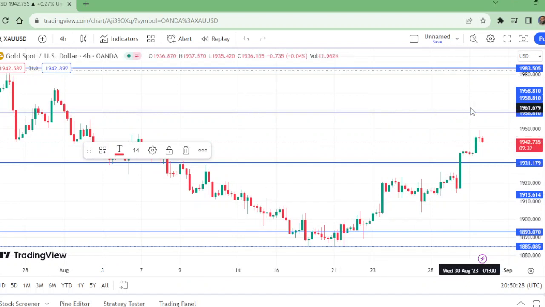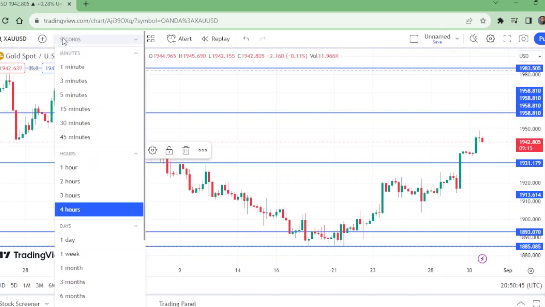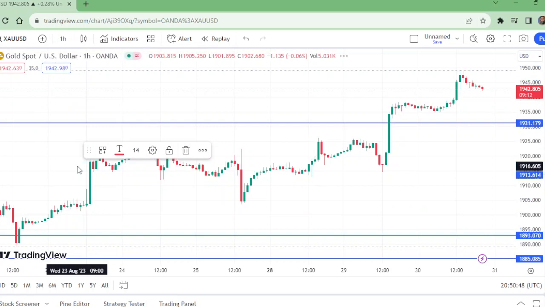Now this is the level that I am expecting to sell from. We have got support here on the 4-hour chart, so it is possible that from this level it goes up to this level. Now let us move to the 1-hour time frame also. On the 1-hour time frame, here we have a support.